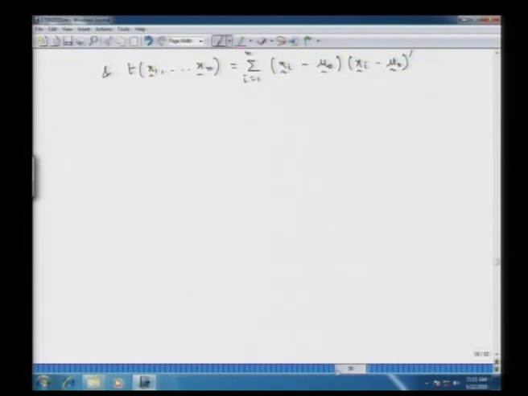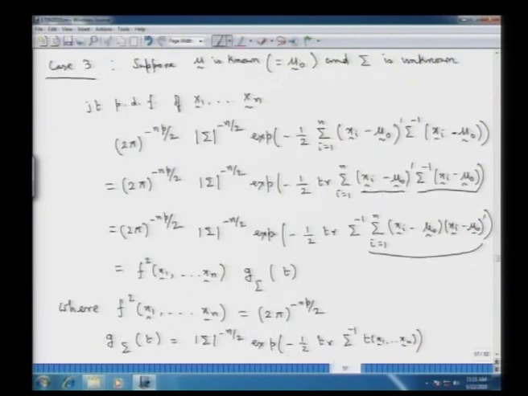So, see what we have obtained. The second factor is a function of the parameter matrix sigma. Sigma is appearing here, and a quantity which we have denoted by T(x1, x2, xn) depends on x1, x2, xn through this particular matrix.